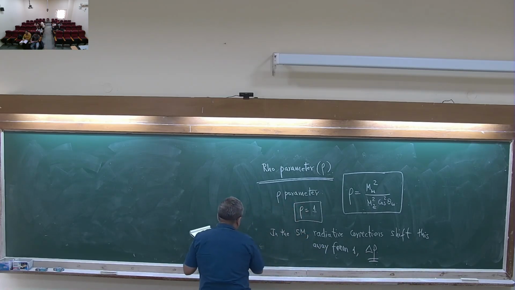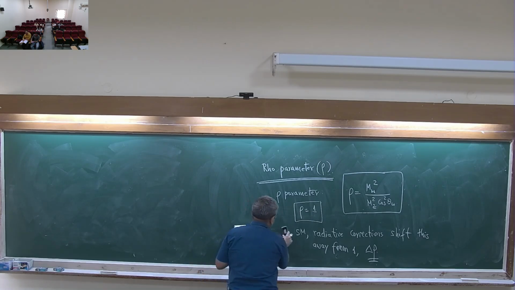Before calculating delta rho, I'll just mention one thing: what are the definitions of the pi's and sigmas?